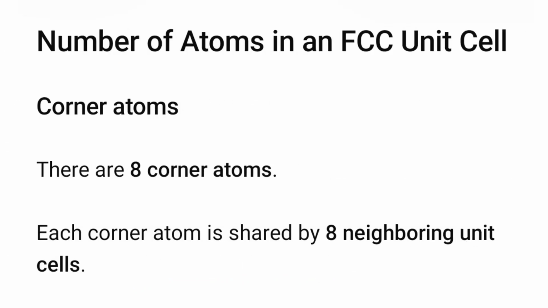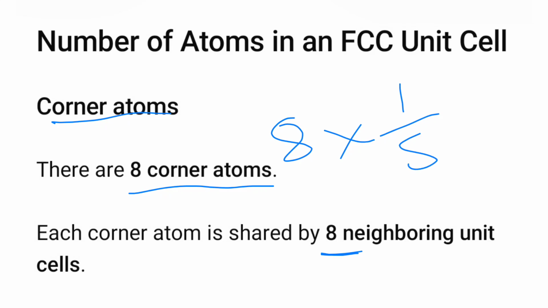Number of atoms in an FCC unit cell. Corner atoms: there are 8 corner atoms. Each corner atom is shared by 8 neighboring unit cells, so the contribution is 1 by 8 each. 8 times 1 by 8, we get 1.